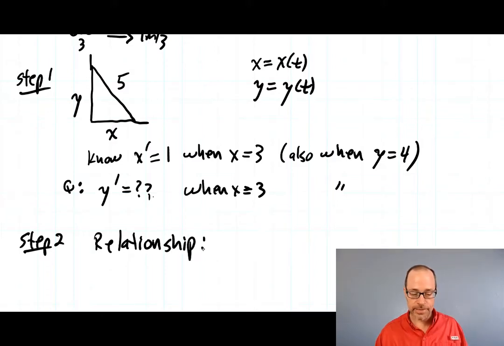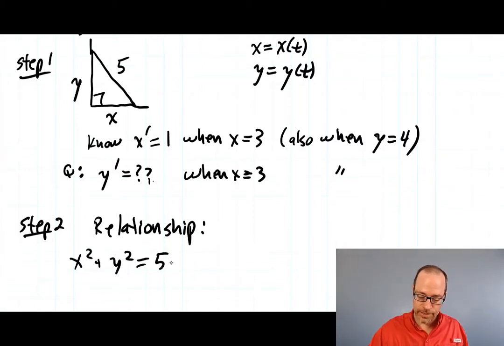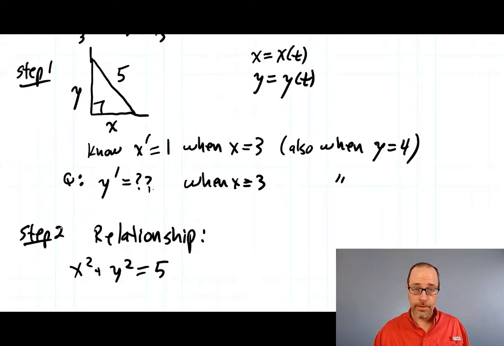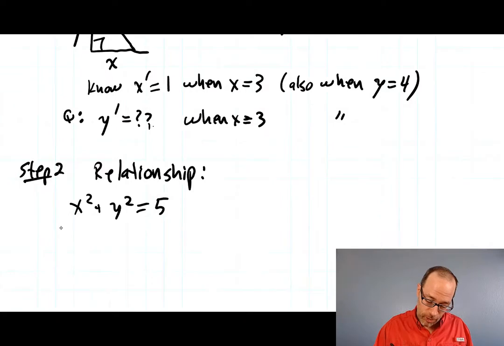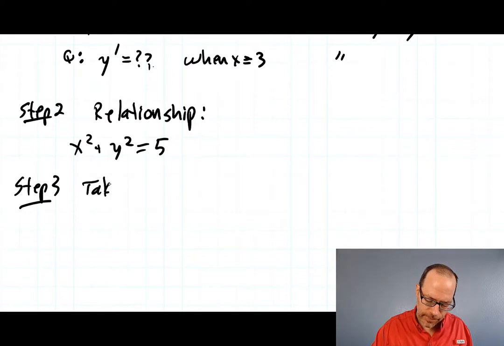In this case, when you look at it, we've got a right triangle, so it's going to be Pythagoras. Pythagoras tells us that x squared plus y squared is 5 squared. That'll be our relationship. All right, now that we have the relationship, step 3 is almost invariably to take d by dt of both sides of the relationship.